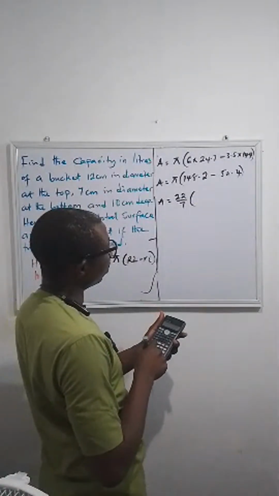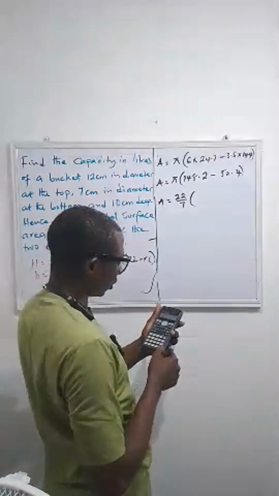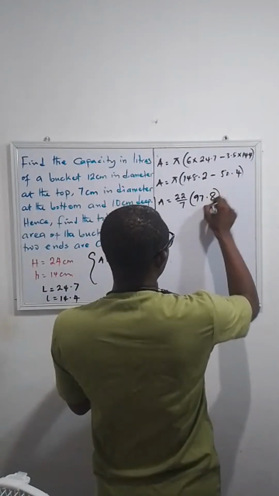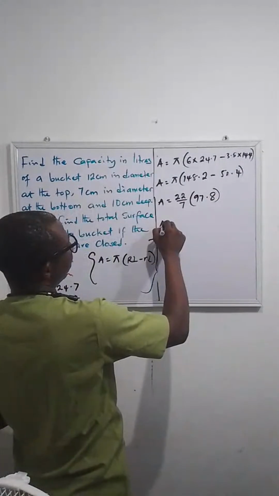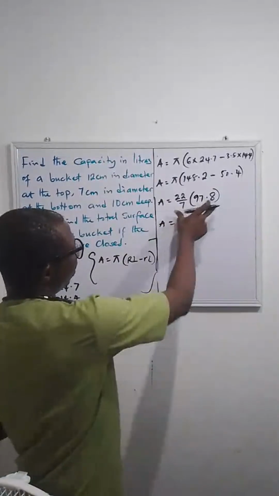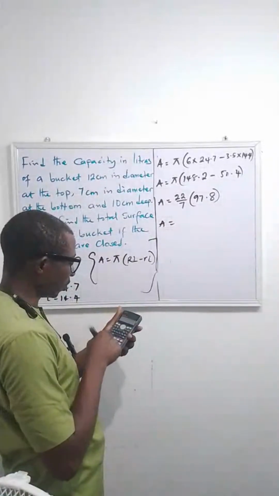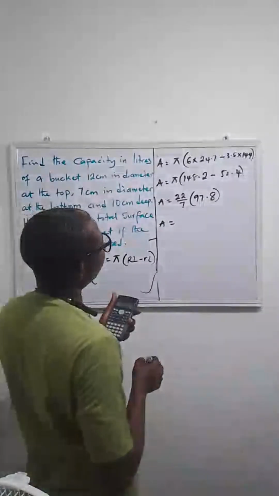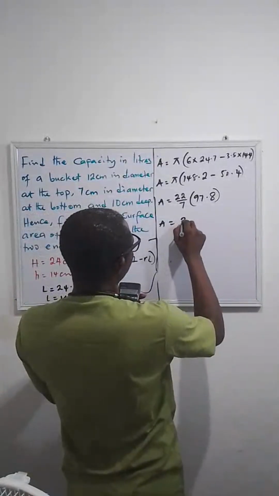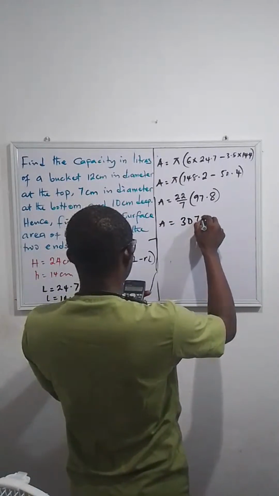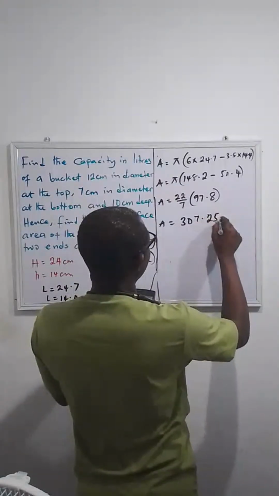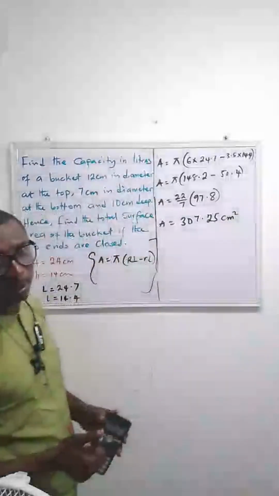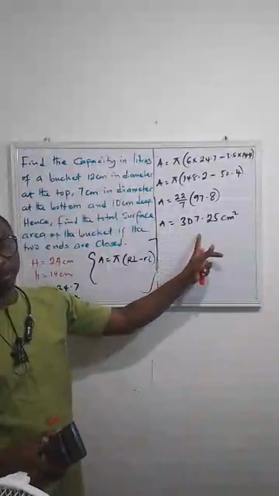So what do we have when we subtract? Okay, so you have 97.8. Okay, so we have A equals, and let's multiply the two together. So we multiply that with pi. So when you do that, what do you have? You have 307.25 in centimeters squared.